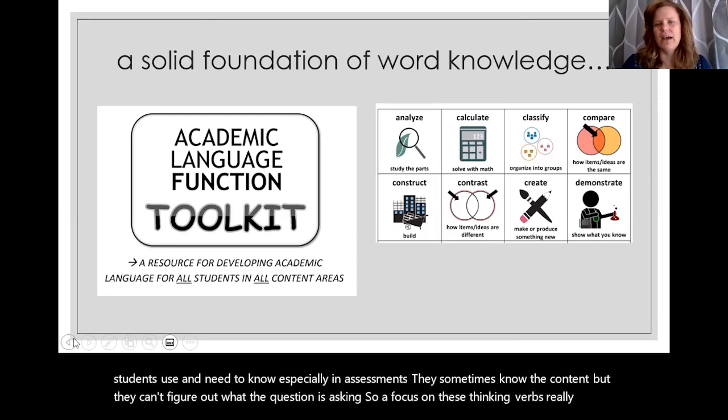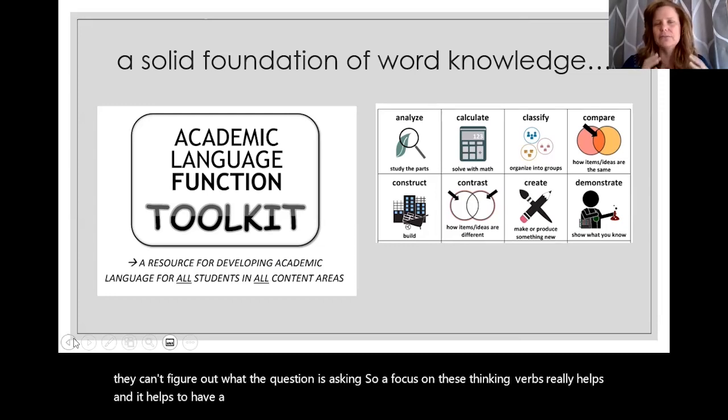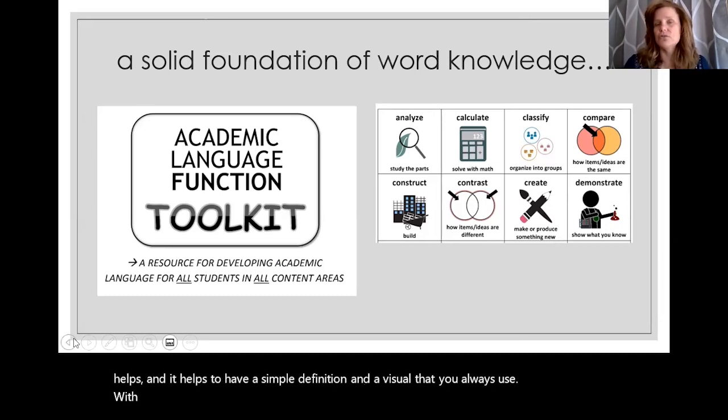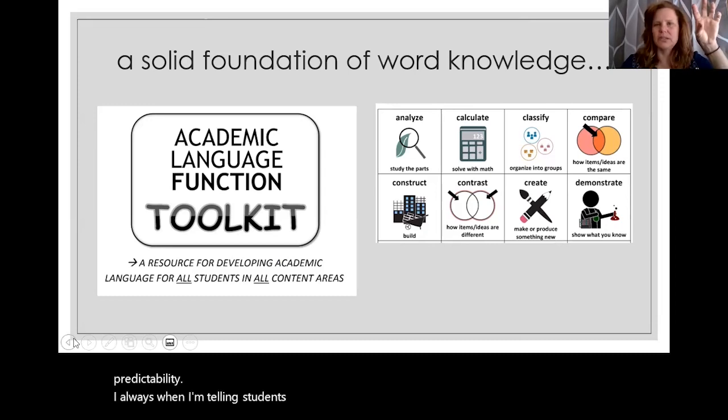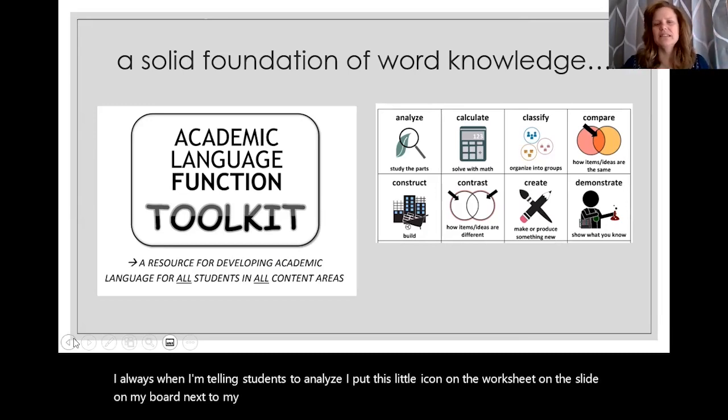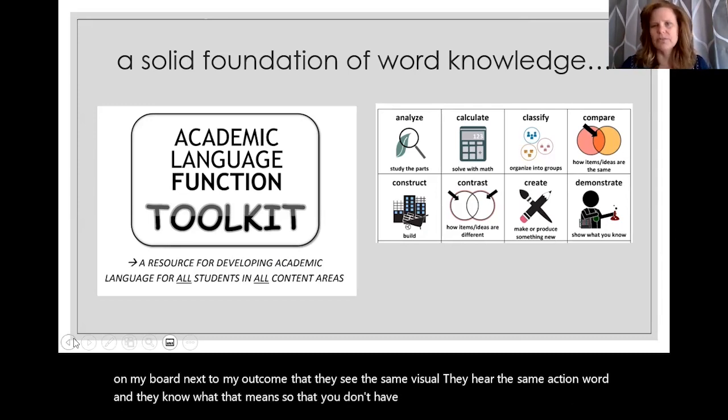And it helps to have a simple definition and a visual that you always use with that verb so that students recognize it immediately. Again, routines, right? Routines and predictability. I always, when I'm telling students to analyze, I put this little icon on the worksheet, on the slide, on my board, next to my outcome, so that they see the same visual, they hear the same action word, and they know what that means so that you don't have to spend so much time on directions.